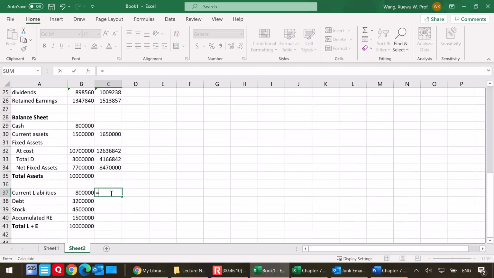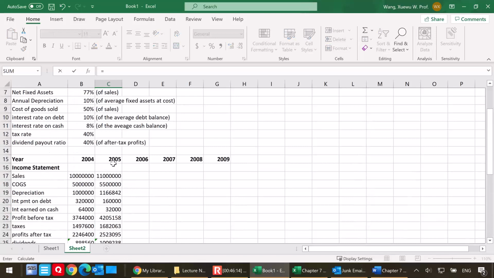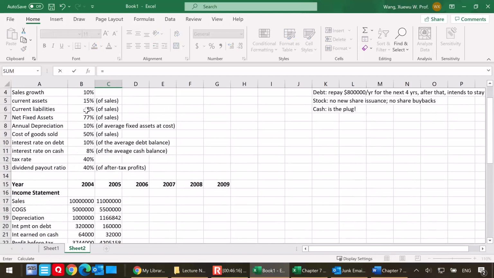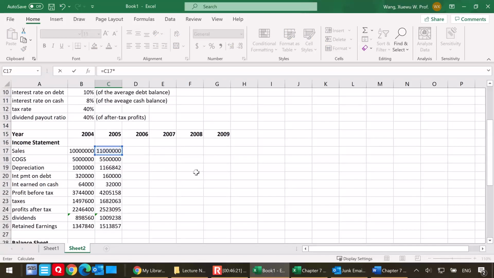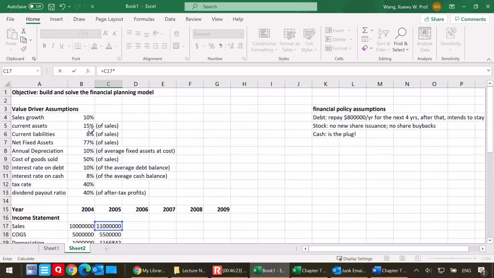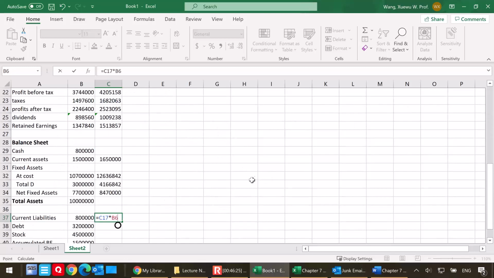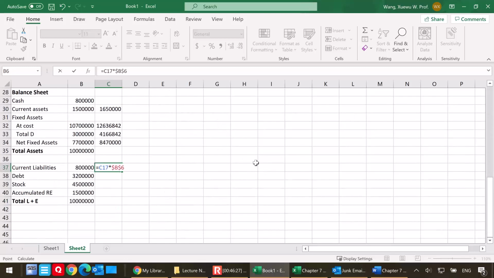Current liability, if you look at the assumption, is 8% of sales. So let me take the sales and multiply this by 8%, and lock down the 8% here as well. That is the current liability as we assume.